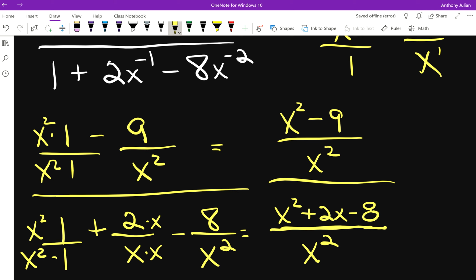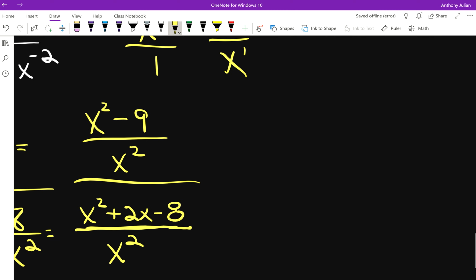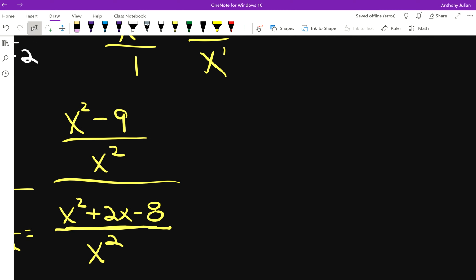Okay, and here we are. Let's see, keep, change, flip. I can do it now or do it later. How about we do it now? Keep the first one. That's this, already written. I don't have to rewrite it. And I'm going to change the sign to multiplication, and now I'm going to flip the bottom fraction.